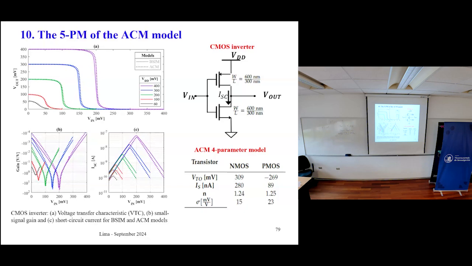Current technologies, most or many of them, are supplied by 1.2 volts. At the very beginning, CMOS was supplied by 5 volts. So you have this proportional to 5 squared. Now, if you have 1 squared, it is 25 times less than 5 squared. So this is an important source of losses. Let's make a 10-minute break.